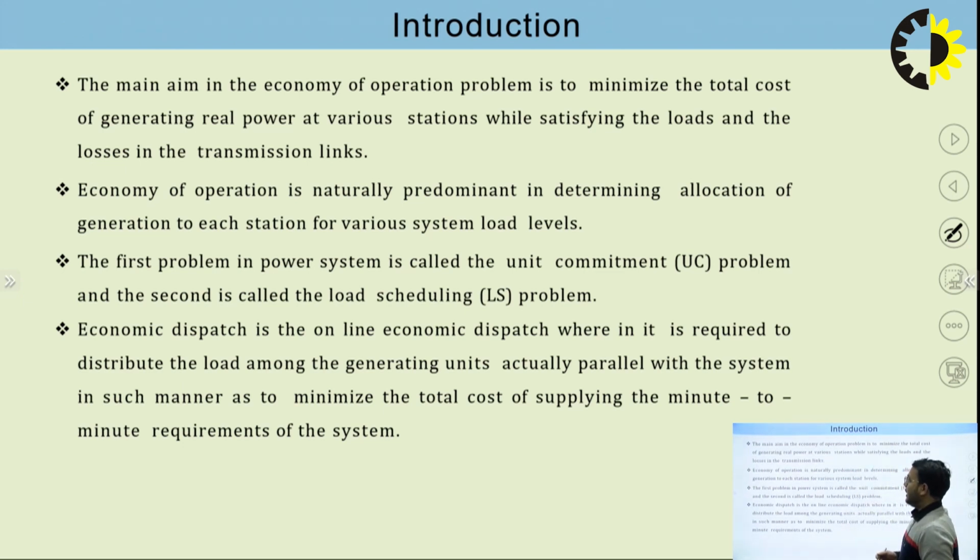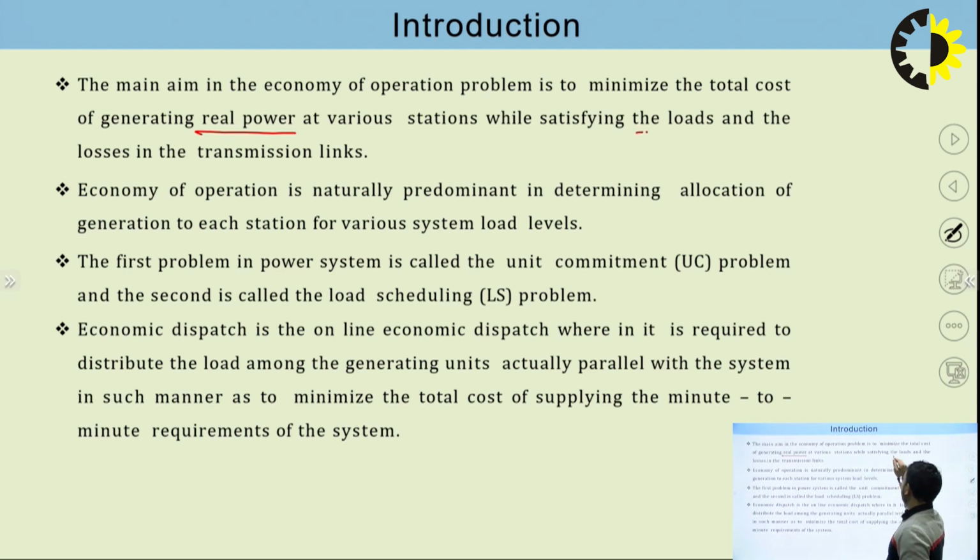Now the main aim in the economy of operation problem is to minimize the total cost of generating real power at various stations. Firstly, it must be understood that the real power is generated in the generator. At the various stations, we must satisfy the load and the losses in the transmission link.